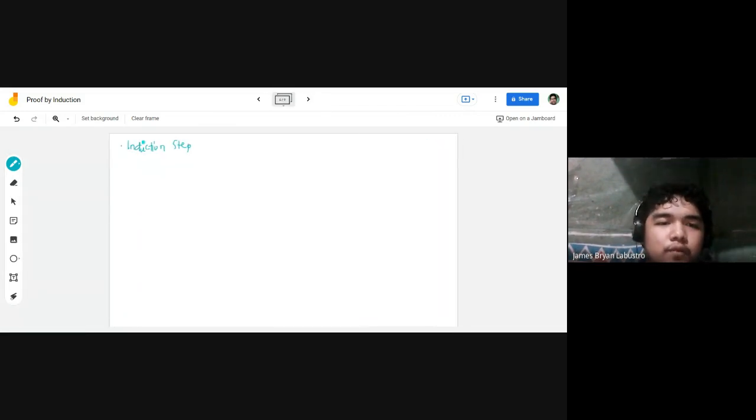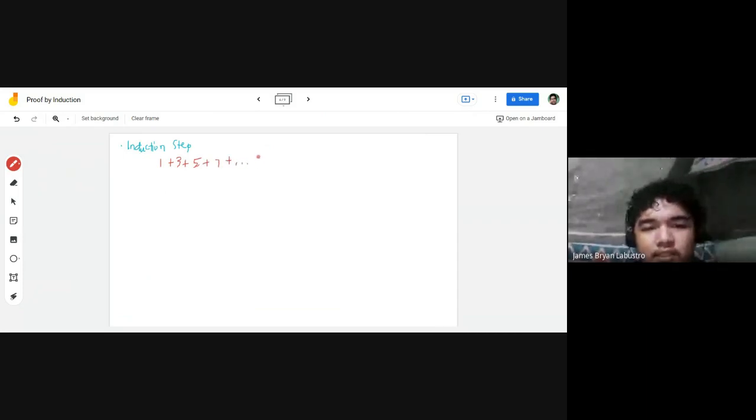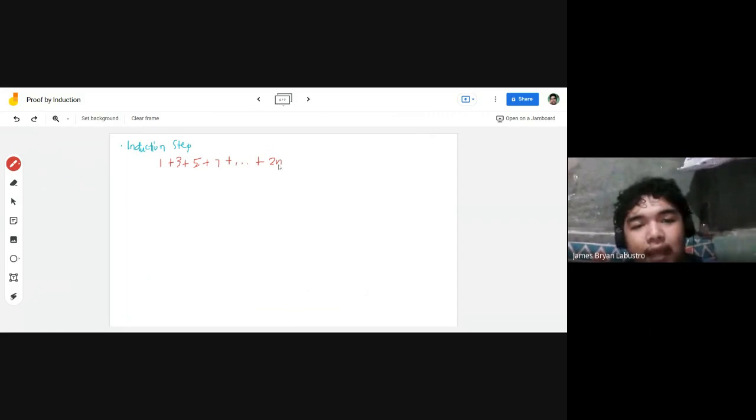So, how are we going to do the induction step? For the induction step, we have 1 plus 3 plus 5 plus 7 plus ellipsis plus 2 times k minus 1, at k plus 1 minus 1.